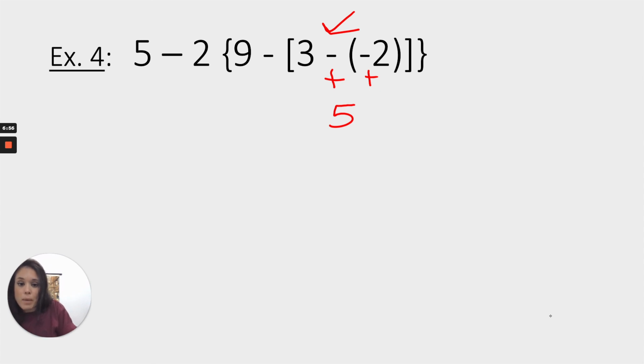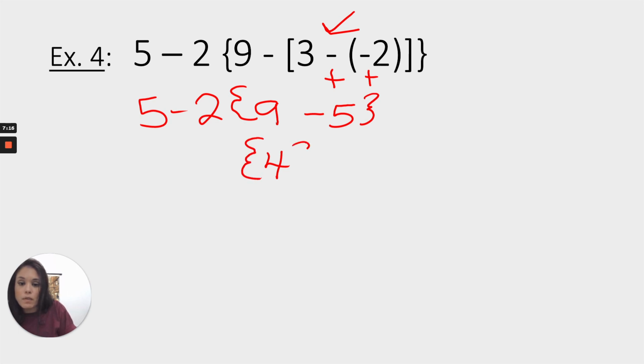I'm going to rewrite my problem, and I'm going to put the braces on just as it is in the problem. All right, so now I want to solve what's within the braces, which is 9 minus 5, which is 4. I'm going to keep the brace, okay, and then rewrite my problem.